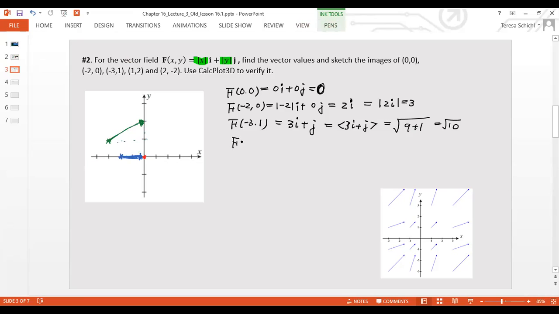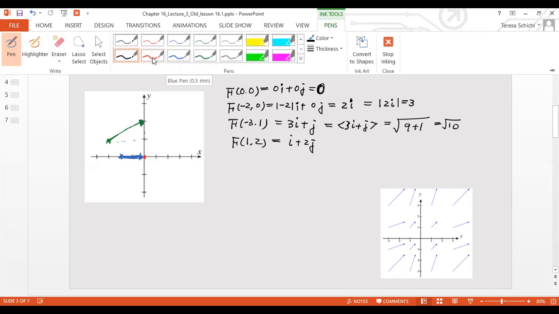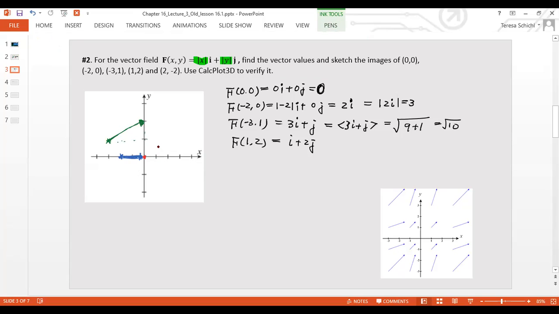Now the next one is (1, 2). So (1, 2) will just be i plus 2j, all right? Let's use the red again, because they are far away. So I'm starting here.